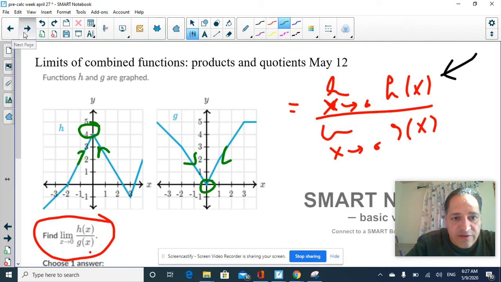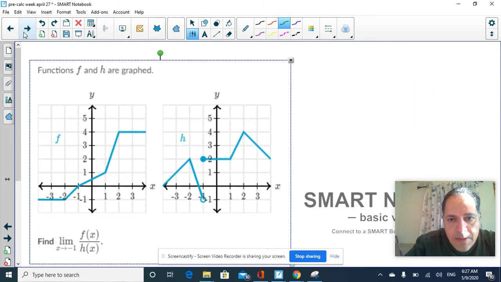Next question we have: f of x over h of x when x approaches negative what? 1. Okay. Before we start, f of x approaching negative 1 is 0, because it's approaching negative 1 here.